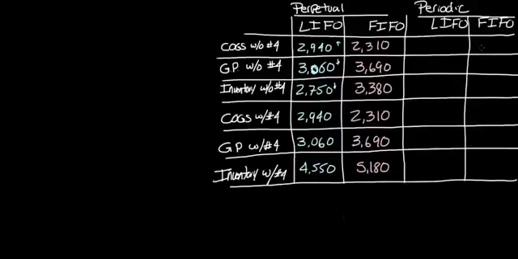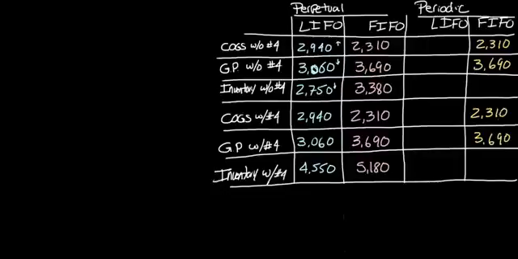So we've done our periodic FIFO, and we know that our cost of goods sold is, let's change colors, $23.10. And that's with and without purchase number 4, because cost of goods sold does not change. My gross profit with and without purchase number 4 does not change.